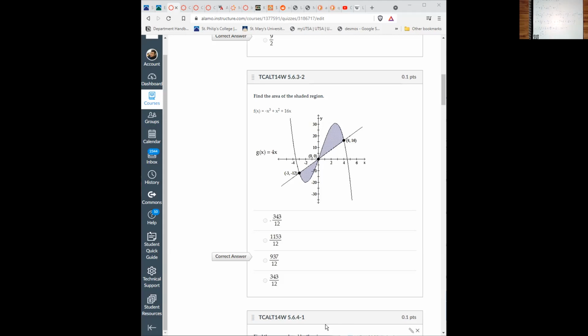From -3 to 0 and from 0 to 4. Yeah, 2 integrals, one from -3 to 0, and another integral for 0 to 4.